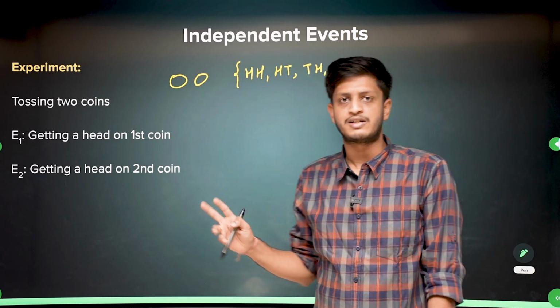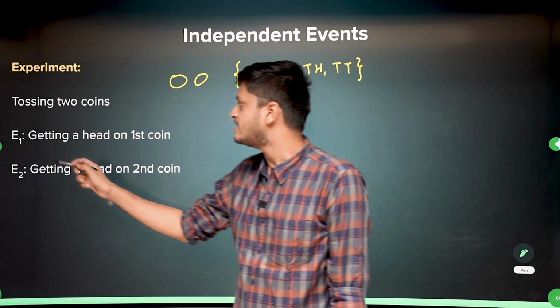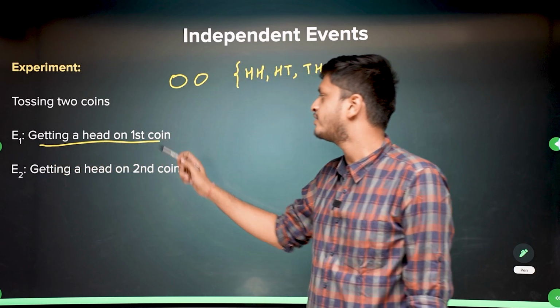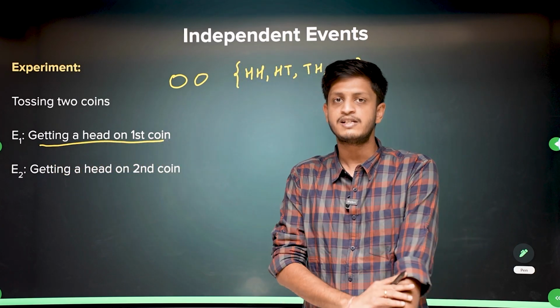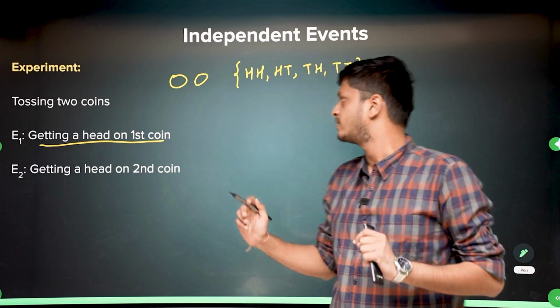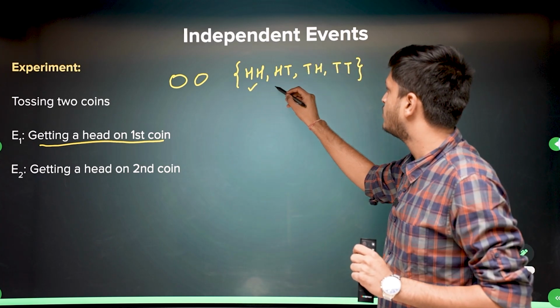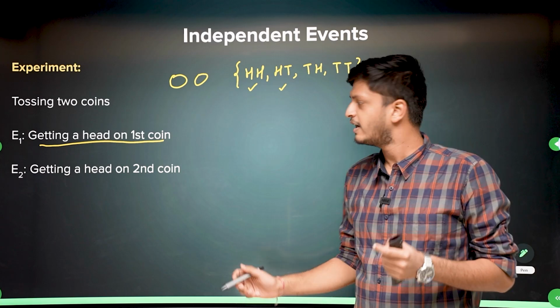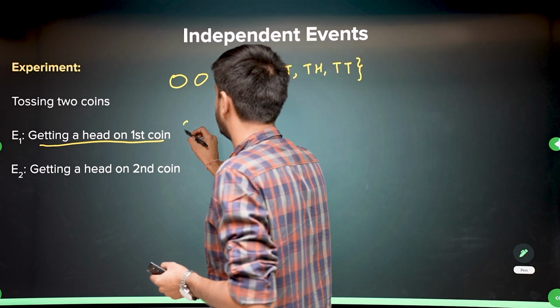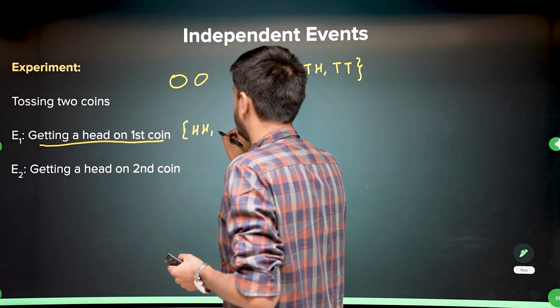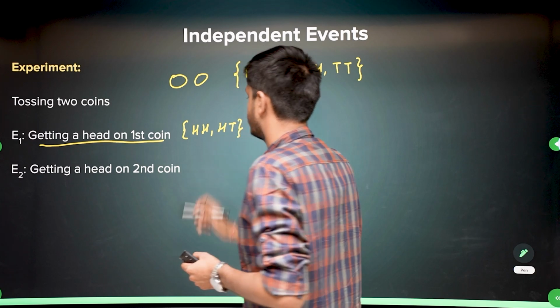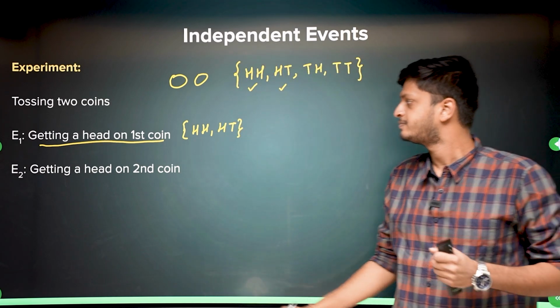Now you are given two events. The first event is getting a head on the first coin, which means either this or this, right? So the event E1 is either heads-heads or heads-tails.